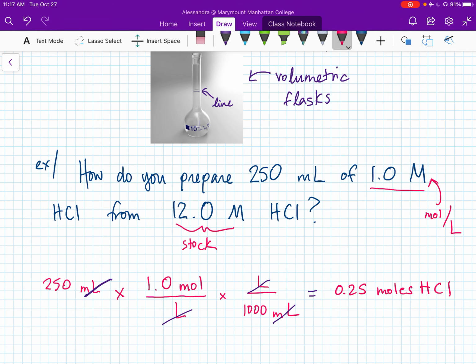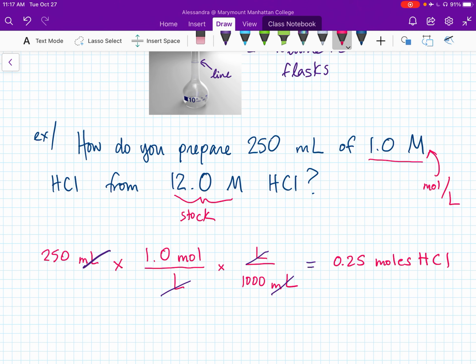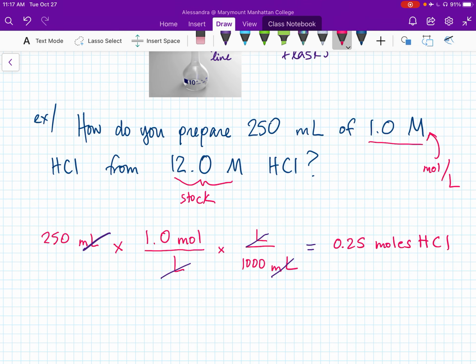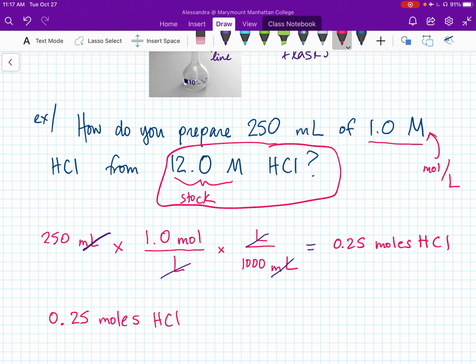So I need to figure out how much of the stock solution is going to give me 0.25 moles of HCl. And I can do that by basically taking that number of moles and dividing it by the concentration of the stock solution. Or another way of saying that is I want to get 0.25 moles of HCl from this 12 molar stock solution, okay?